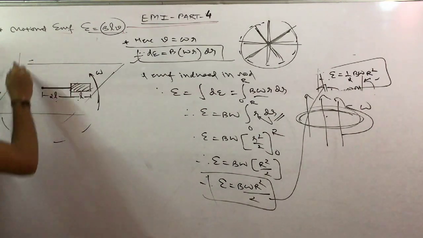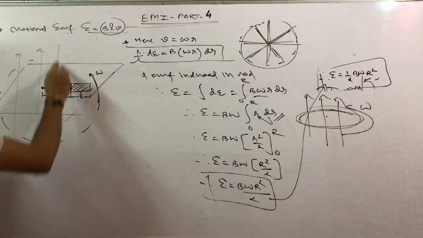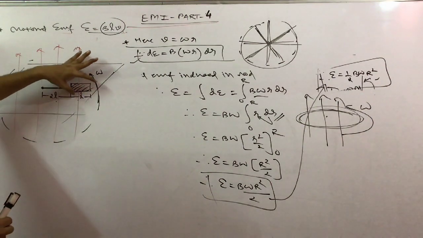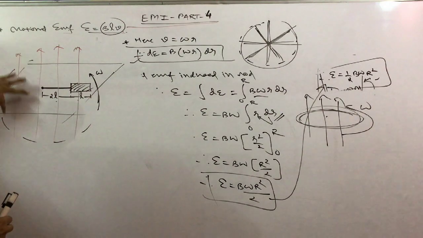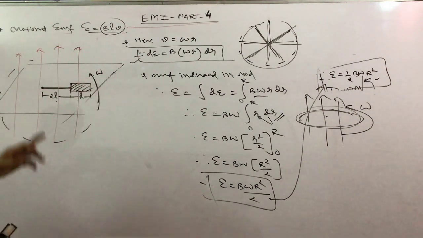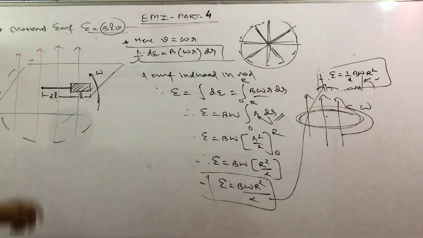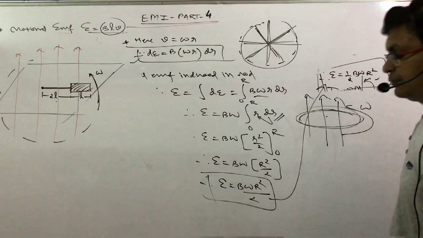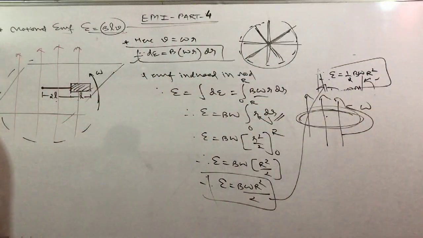These are the magnetic field lines. Ready? If this metallic rod of length L performs rotational motion with angular speed omega inside the magnetic field, find the induced EMF produced across the rod. Start. Think about it. Pause the video and apply your logic.